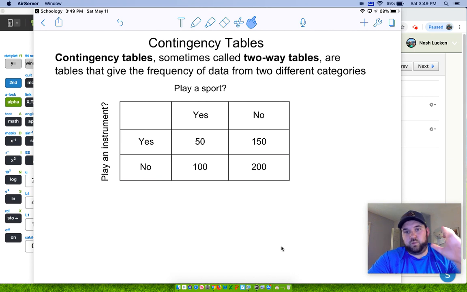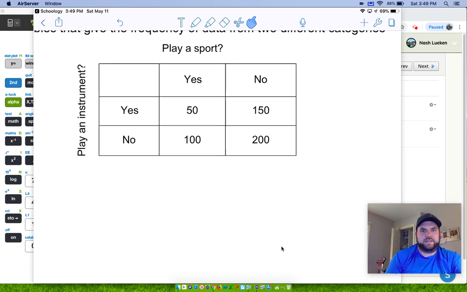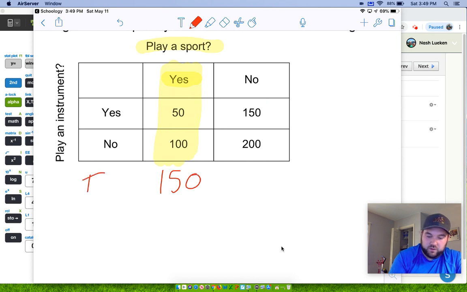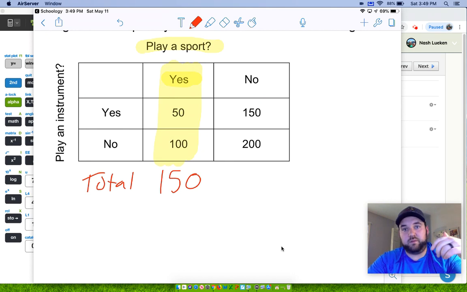And this is one way that we could show a contingency table, or one way that we could show all that data in one spot. So just kind of run you through here. Do you play a sport? Yes is all of these people right here. So in total, there are 150 people that play a sport, right? Between those 150, some of them also play a musical instrument, some of them don't.